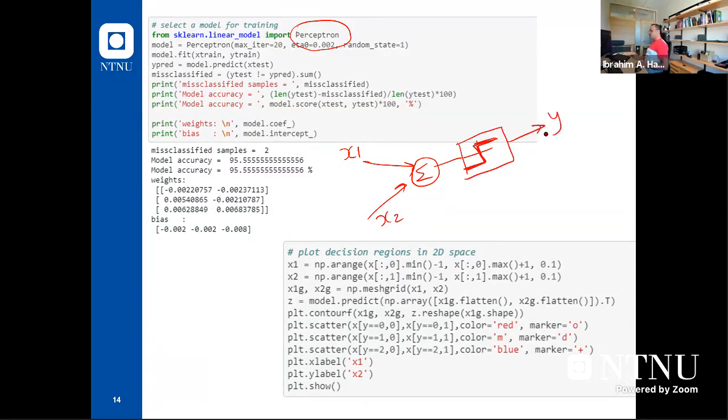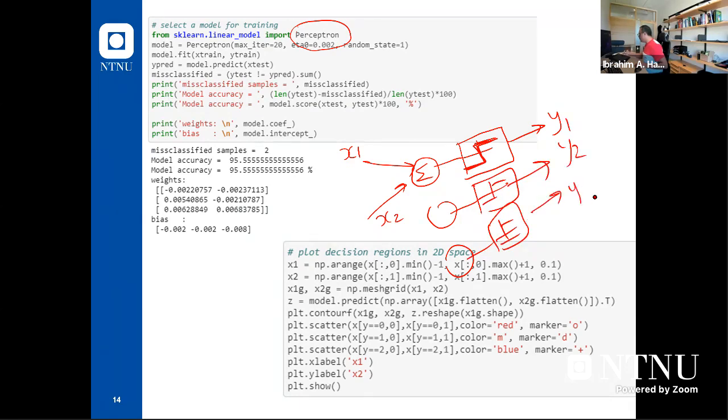We extended it for multi-class classification, so we should expect three models of the same type. So this one will be y1, for example, y2, y3, and each connects x1 and x2, because we're extending it for multi-class classification.